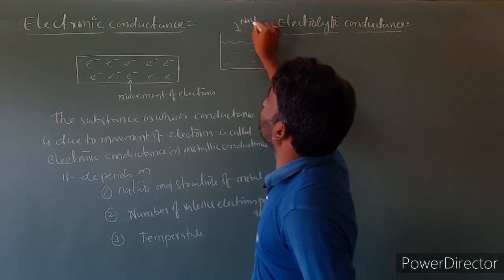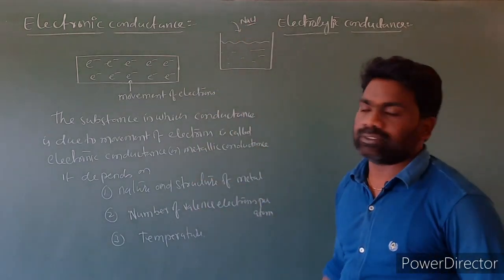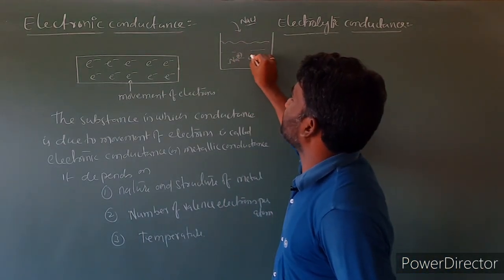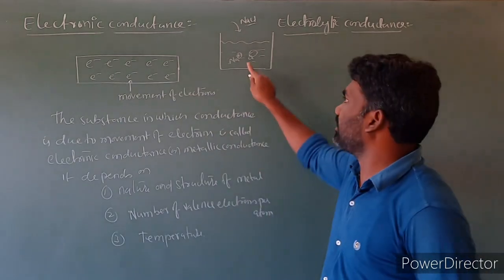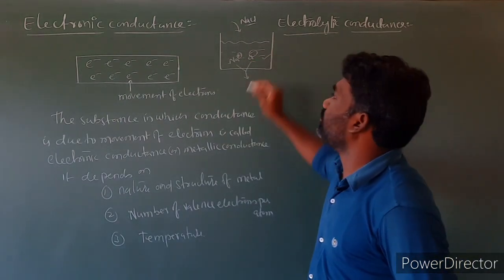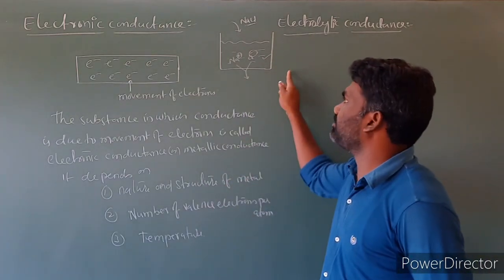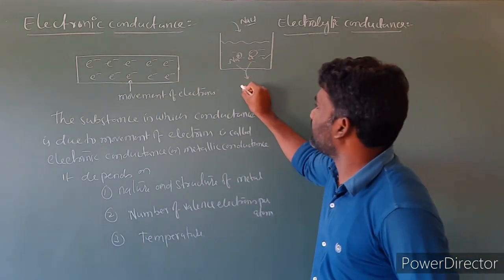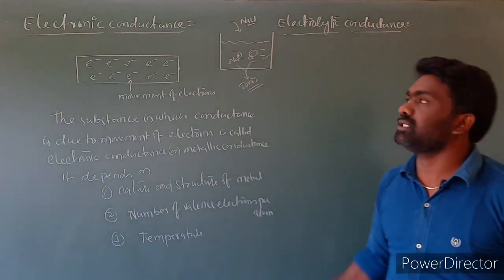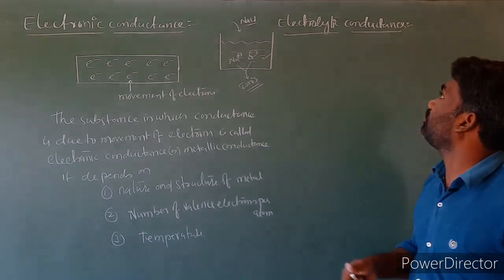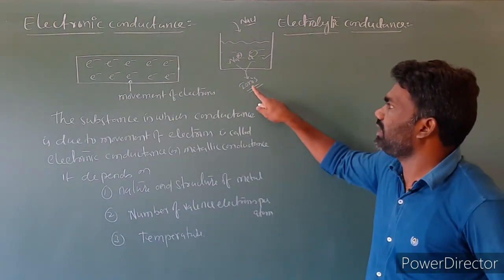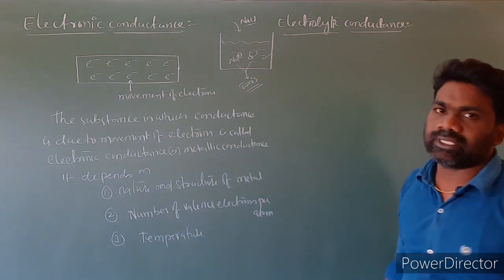The sodium chloride splits into Na plus ions as well as Cl minus ions. The conductance of this solution is because of movement of ions. Such conductance we call electrolytic conductance, also called ionic conductance.